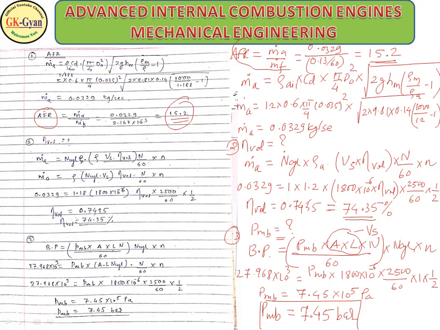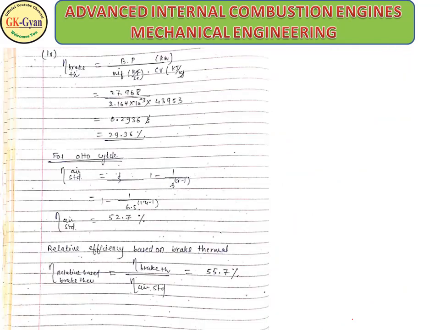Now the last one, the fourth one, we have to calculate is brake thermal efficiency, a relative efficiency based on the brake thermal. So we know that relative efficiency based on brake thermal is given as brake thermal efficiency upon air standard efficiency. So first we have to calculate the air standard efficiency.